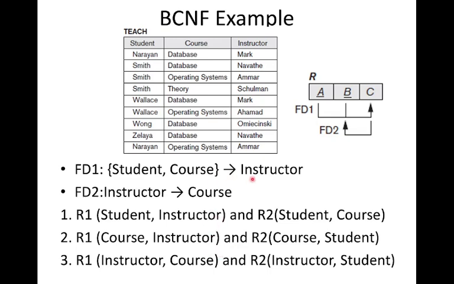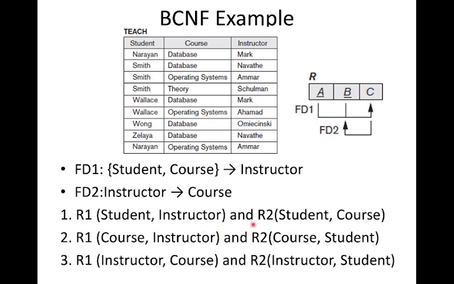So it is not necessary that you should always decompose into BCNF. In certain cases, this will be the problem: we have lost that functional dependency. Dependency should be preserved, and the lossless join property should also be satisfied. We will be learning about this later. Here, if we split like this, all three are in BCNF.